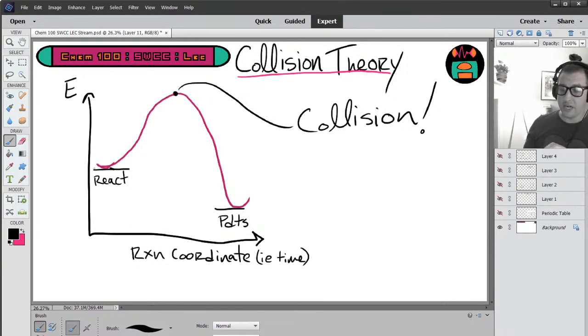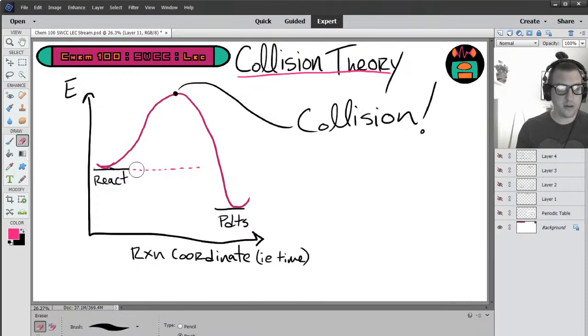And the barrier to activation, the activation energy, can be measured on this graph because it is the difference. I'm actually going to pick a different color there. Let's go with something a little more contrasting.